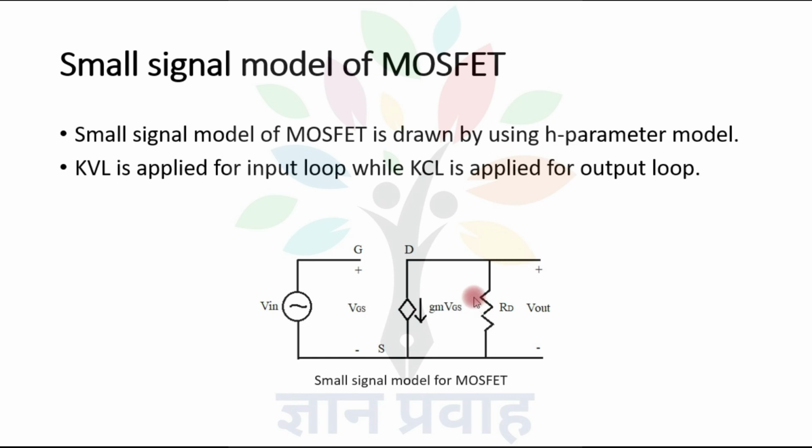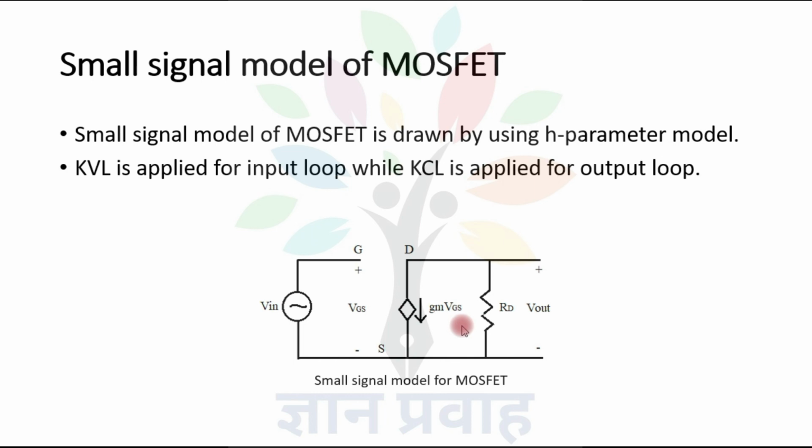Here we are assuming there is no channel length modulation effect. It means small rd is infinity, or small rd acts as an open circuit. So we are not showing the small rd value. For small signal analysis, VDD is 0.